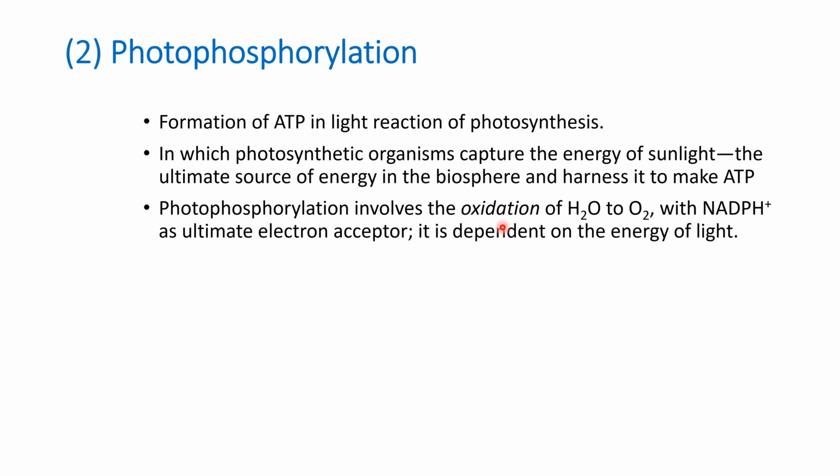Photophosphorylation involves the oxidation of water to oxygen, with NADP positive as the ultimate electron acceptor. It is dependent on the energy of light. So if you remove that light source, this phosphorylation is not going to happen. Or if you are not providing the electron donor and acceptor, even then that's not going to happen.